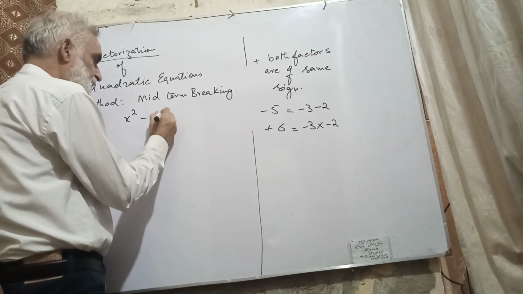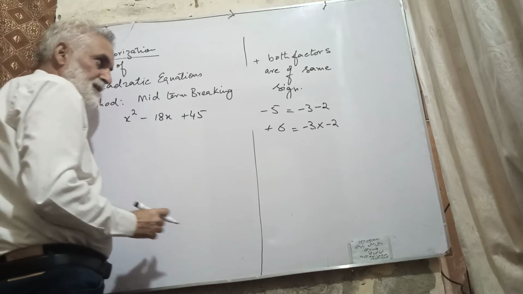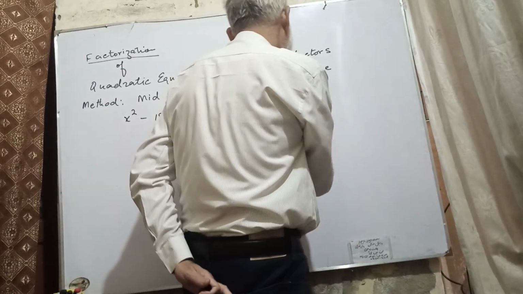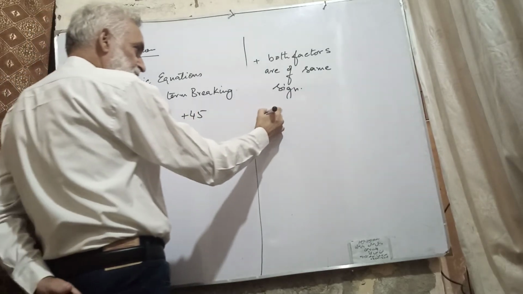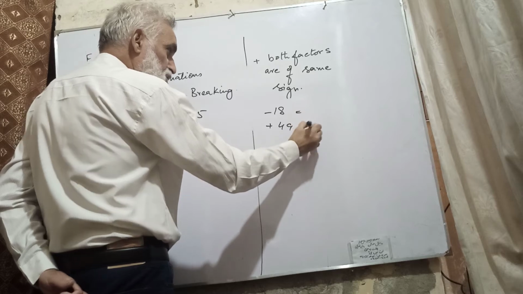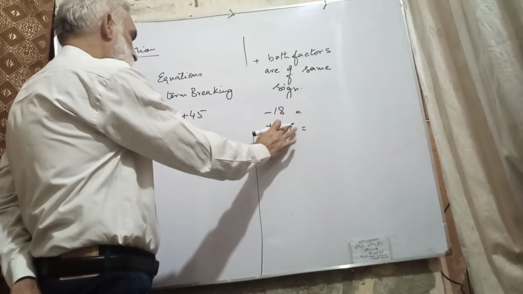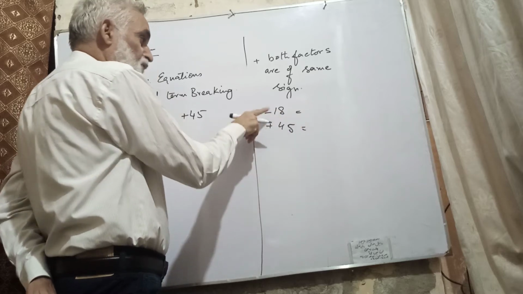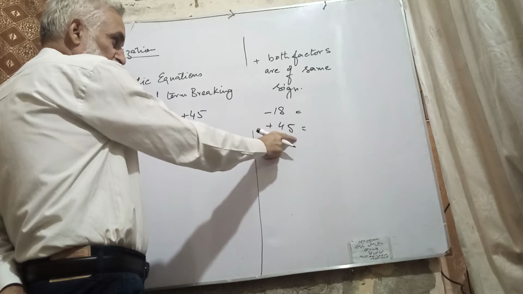x squared minus 18x plus 45. Right? So now here we have minus 18 and plus 45. It means we need two numbers. When we add them, we get minus 18, and when we multiply them, we get plus 45.